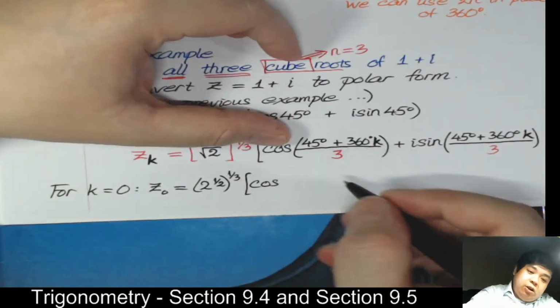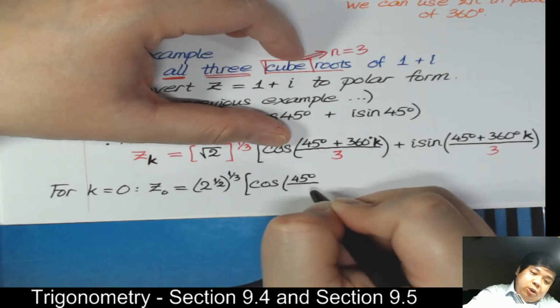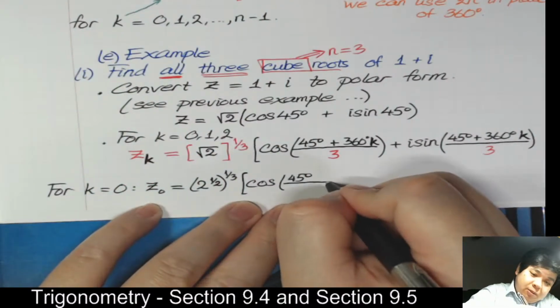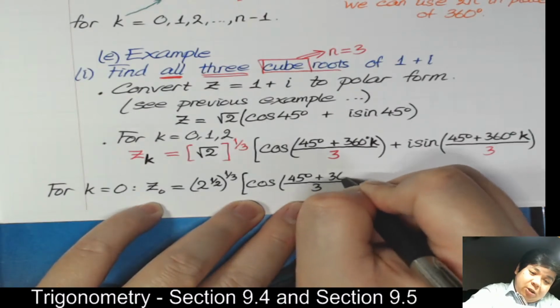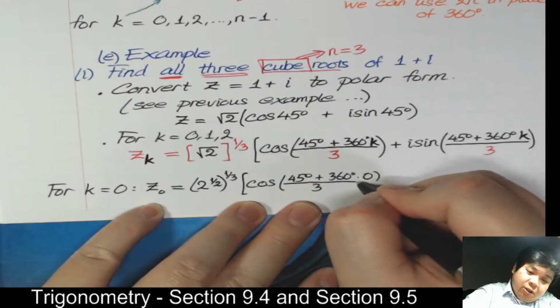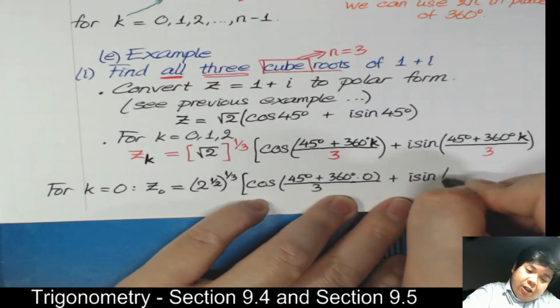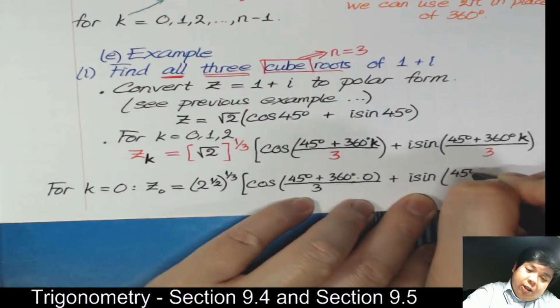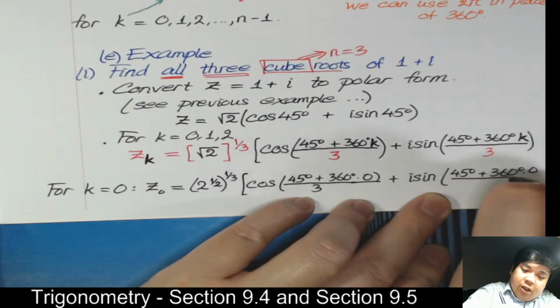K equal to 0, so we just have 45 degrees plus 360 degrees times 0 divided by 3, plus i sine 45 plus 360 times 0 divided by 3.